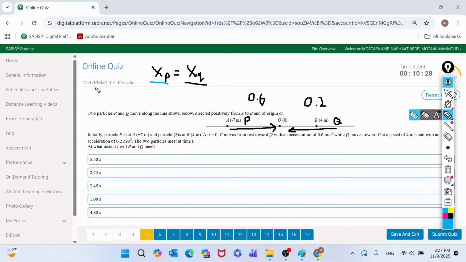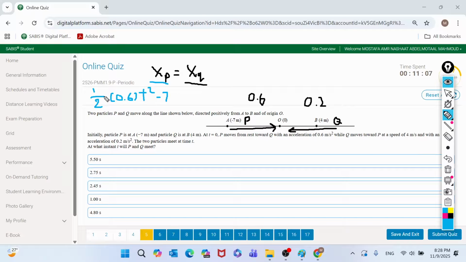So XP is equal to 1 over 2 times the acceleration of P, which is 0.6, times T squared, which we don't know, so we keep it as a variable, plus V0T, which is 0, so we ignore it, plus X0, which is -7.